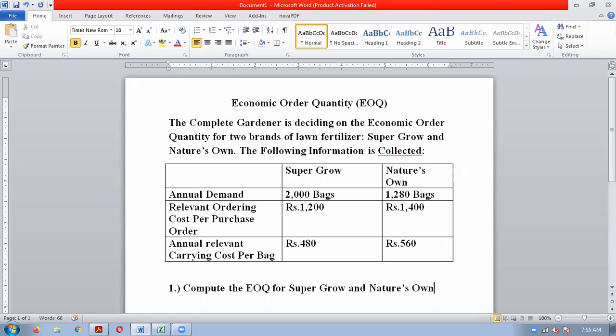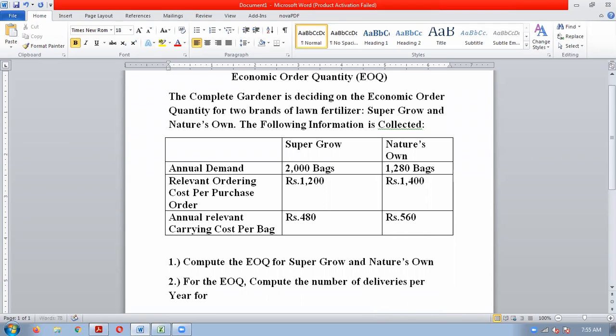Then second, for the EOQ, compute the number of deliveries per year for Super Grow and Nature's Own.